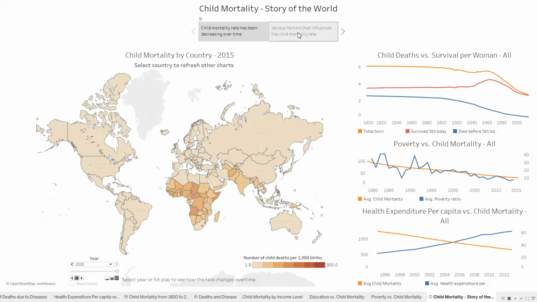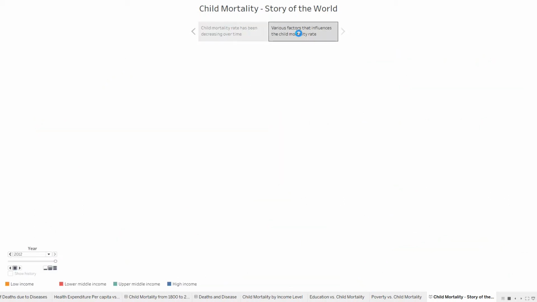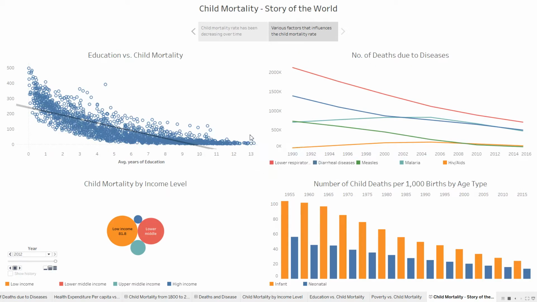Now that we have seen various factors affecting it, let's go a little bit deeper into child mortality rate and what other factors were affecting it. We can see that education level had a lot of correlation with child mortality. As the education level is increasing, as people are getting more aware about the facts and getting more knowledge about education, the child mortality rate is continuously decreasing.